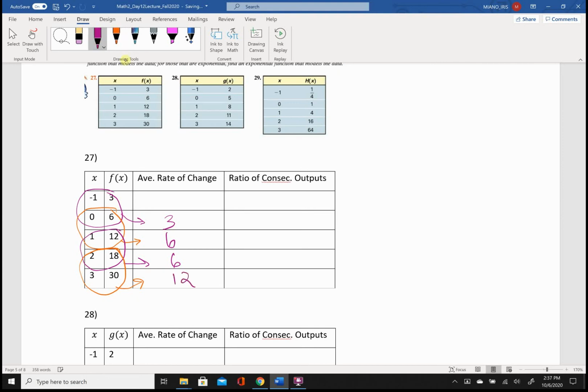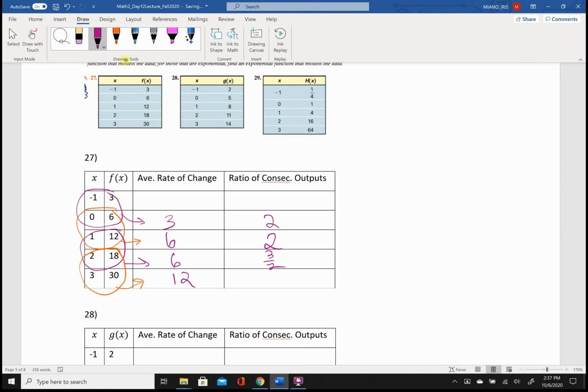Now what's the ratio of consecutive outputs? Well, from 3 to 6, it'll be 2, right? 6 over 3, it'll be a 2. Sorry, we're looking at consecutive outputs here. So 6 over 3 will give me a 2. 12 over 6 gives me another 2. 18 over 12 will give me a 3/2.